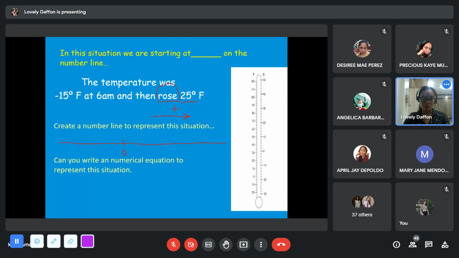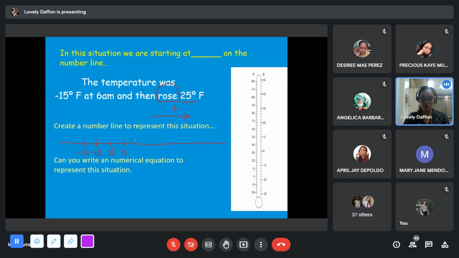We have here negative 15. Then 5, 10, and 15. That's negative, negative, and negative.